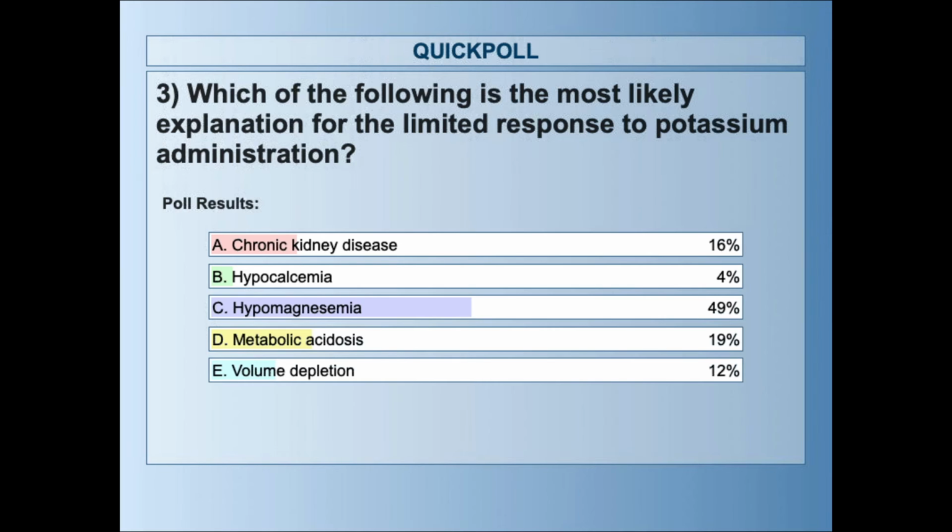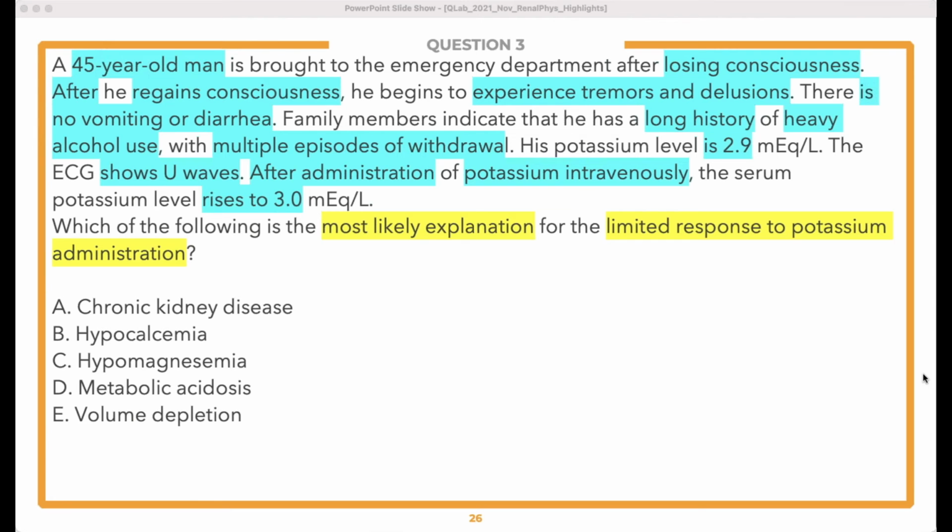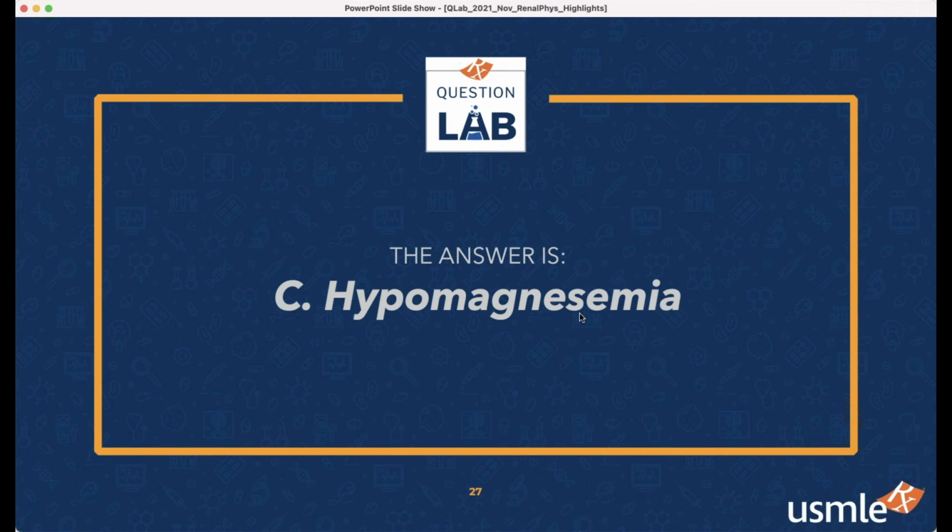Okay, so we're going to hide the results and reveal the answer. And the answer is answer choice C, hypomagnesemia. Good job, everybody. Again, a lot to parse within that question. So for those of you who didn't get it right, that's okay. Paris is going to be here to help break it down for you. Paris?